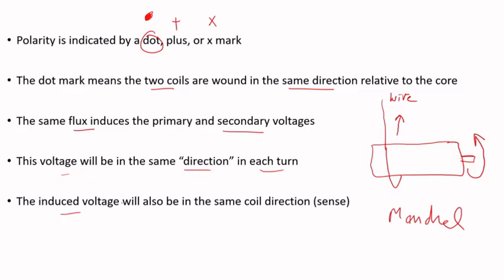The induced voltage will also be in the same coil direction or sense. That's another meaning of the dot. So in other words, voltage will be from the dot. For instance, if we take the dot as positive, like in the half positive cycle, from here to here positive, that means in the low voltage it is the same thing, because the induced voltage will be in the same direction.